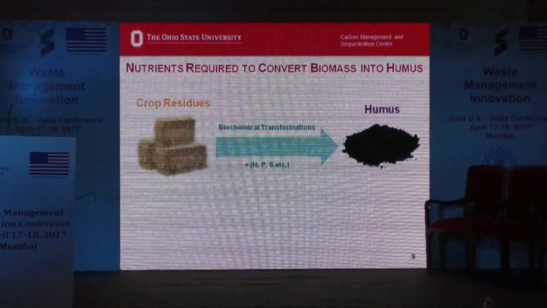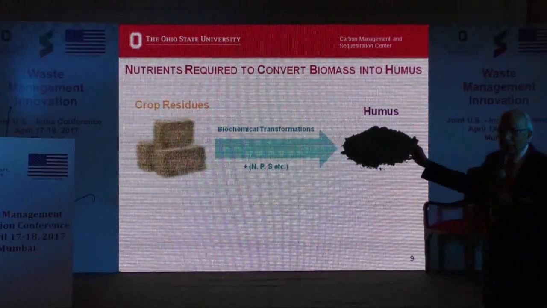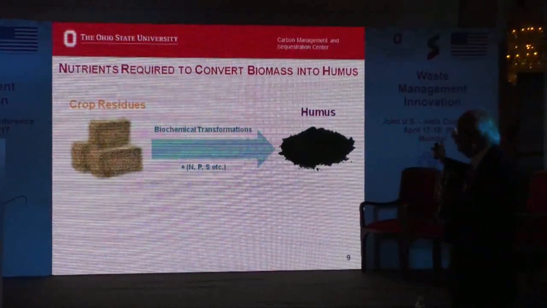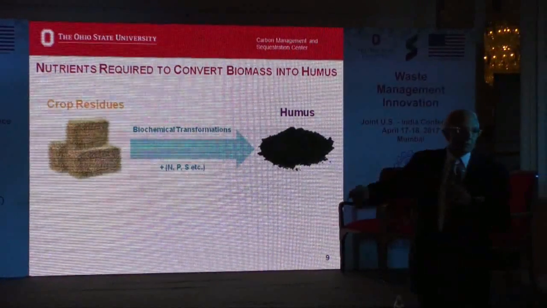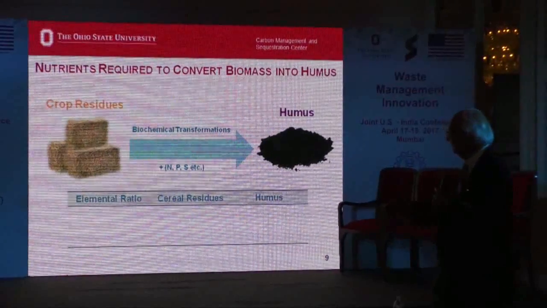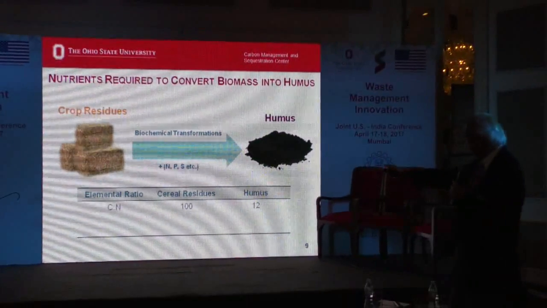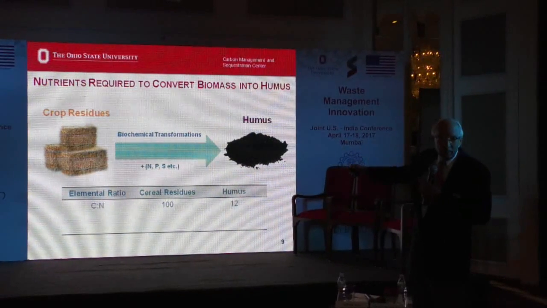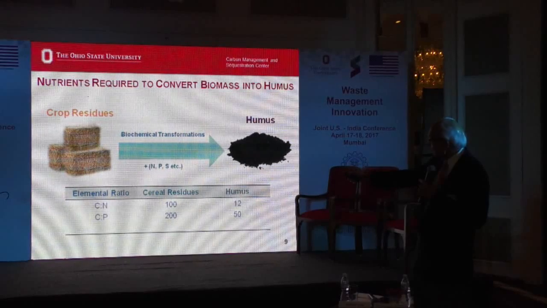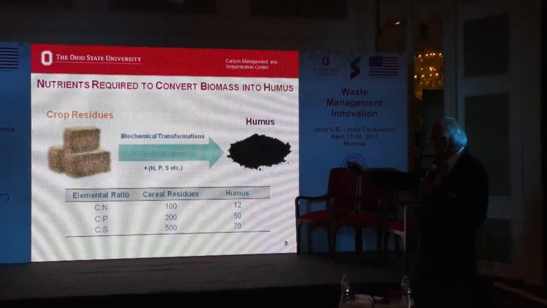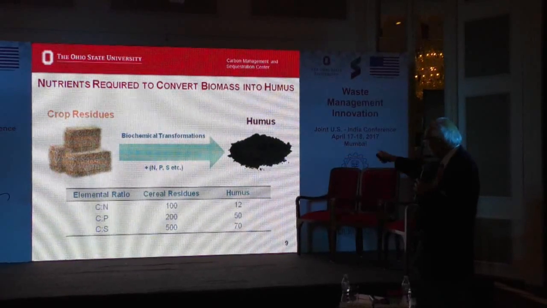Another part is people say, I applied mulch and nothing happened. There is a wheat straw. And I want this wheat straw to become a humus so that the carbon sequestration will happen. Think about what can be done. The wheat straw has a carbon to nitrogen ratio of 100. Humus has a carbon to nitrogen ratio of 12. Wheat straw has a carbon to phosphorus ratio of 200. Humus has 50. Carbon to sulfur ratio of 500.